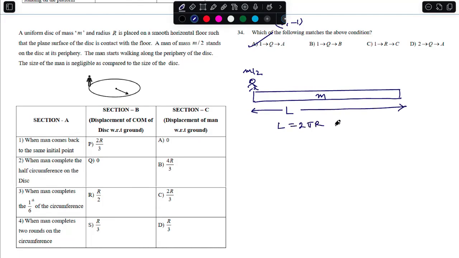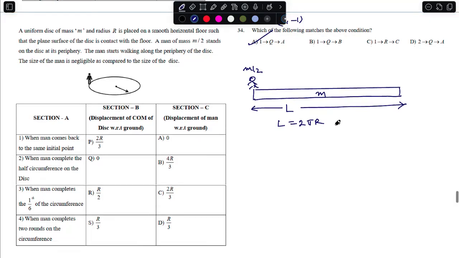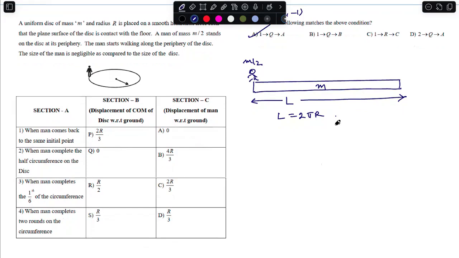Questions like that. Now the man starts walking along the periphery of the disc. The size of the man is negligible.